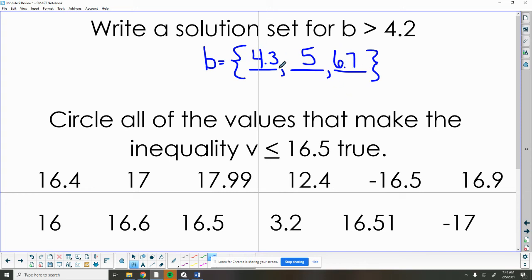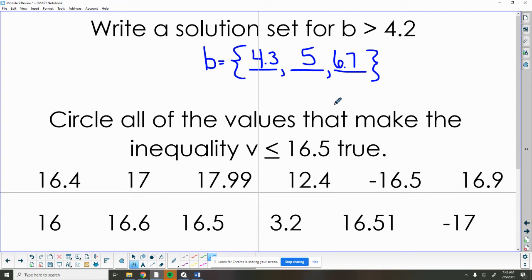So it doesn't matter what you put in your solution set as long as it's following the rule in your inequality. So all of these should be bigger than 4.2. I notice this is a positive number and I needed something bigger. None of my answers in my solution set could be negative for this particular inequality.